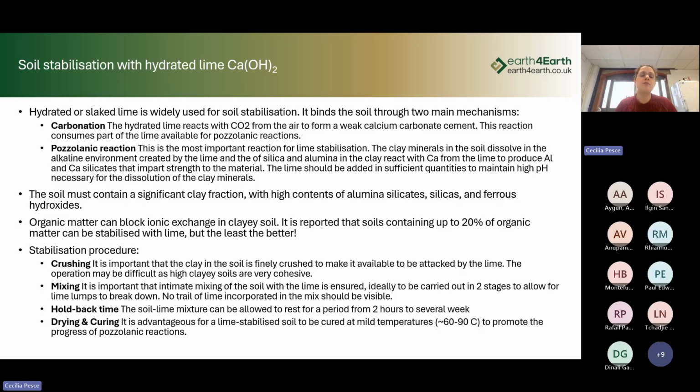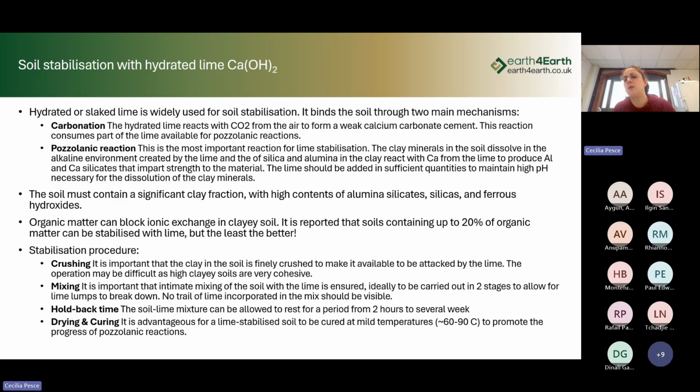So carbonation, it's because slaked lime will react with atmospheric CO2 and transform it into calcium carbonate. So this is a weak type of cement. And this reaction consumes part of the lime available for pozzolanic reaction. While the pozzolanic reaction is definitely the most important reaction for lime stabilization.